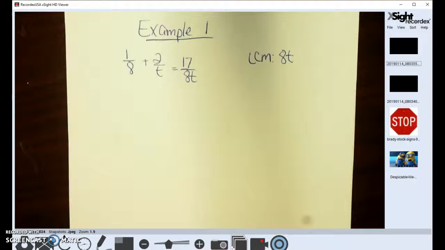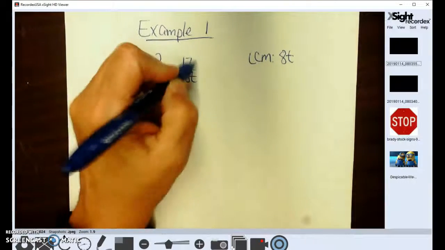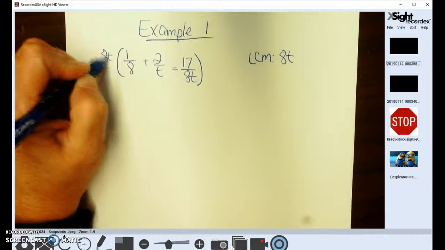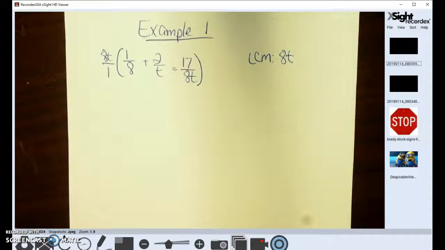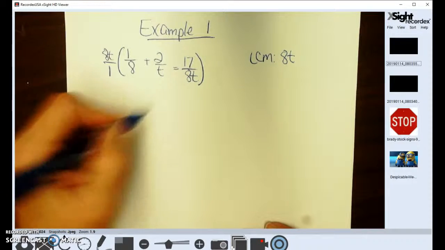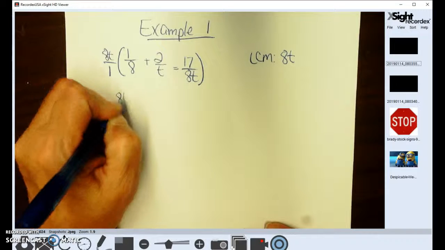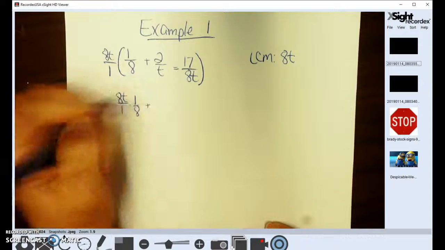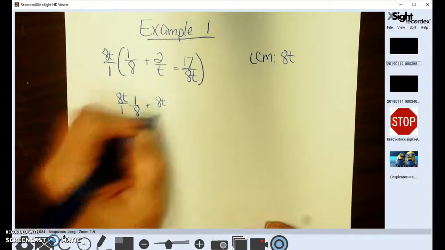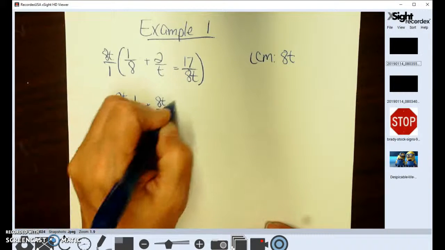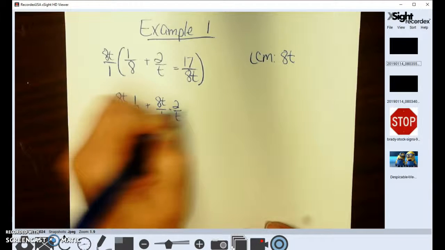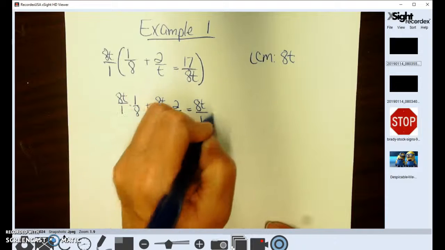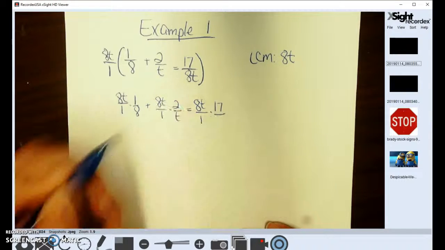So what I'm going to do next is multiply this entire equation by 8t over 1. Now watch what happens. If we distribute that to everything, we have 8t over 1 times 1 over 8t, plus 8t over 1 times 2 over t, equals 8t over 1 times 17 over 8t.